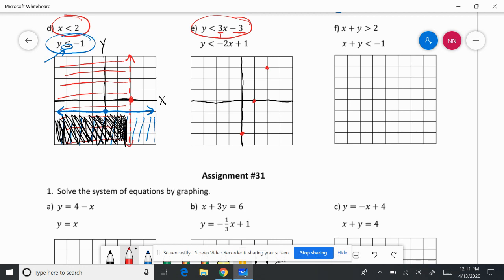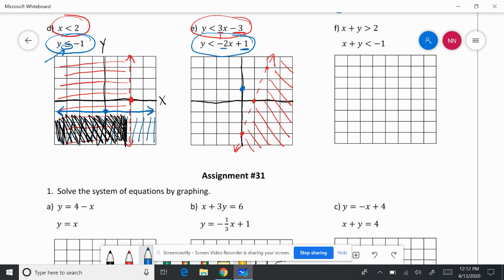Because it's less than and not less than or equal to, it's a dashed line. And less than, we shade below. Now, if we're looking at our second inequality, it's a +1, so we plot a point at 1.